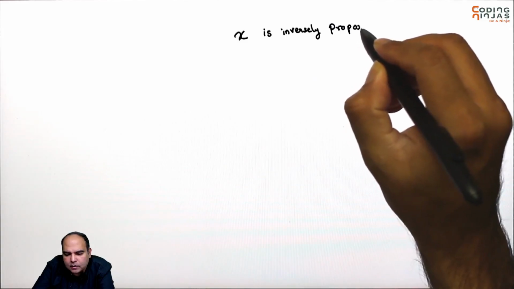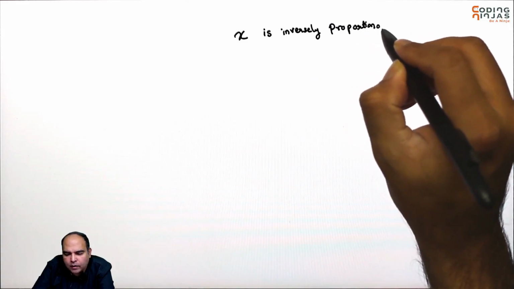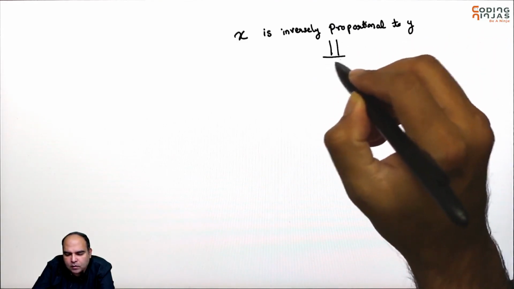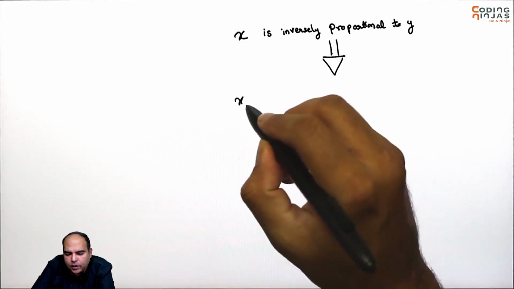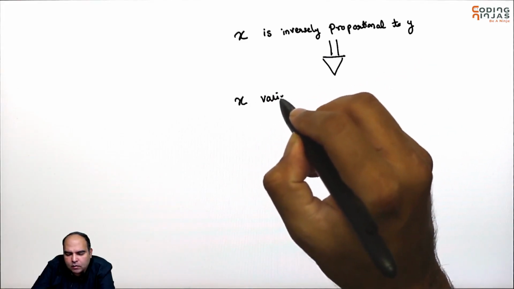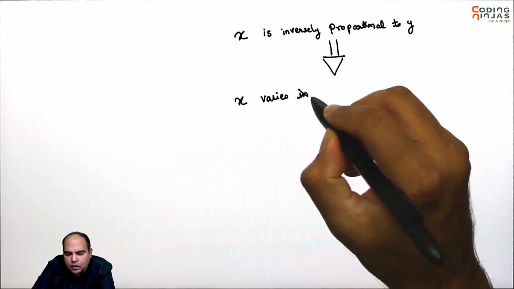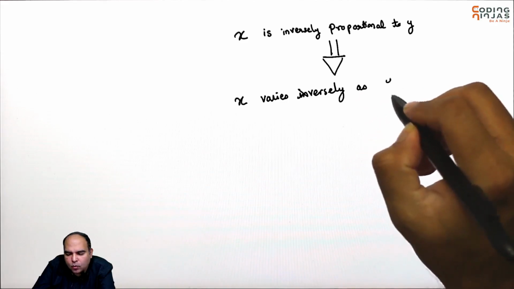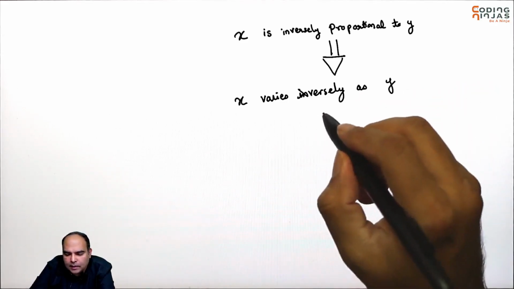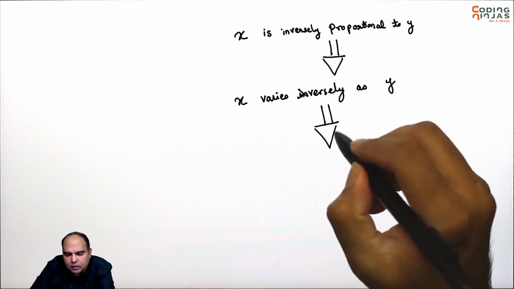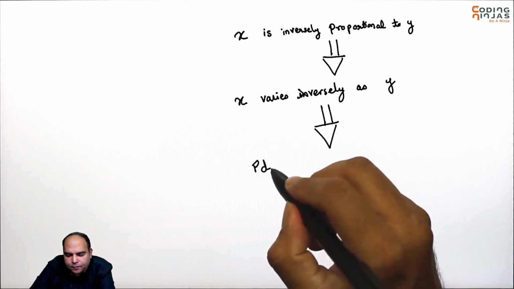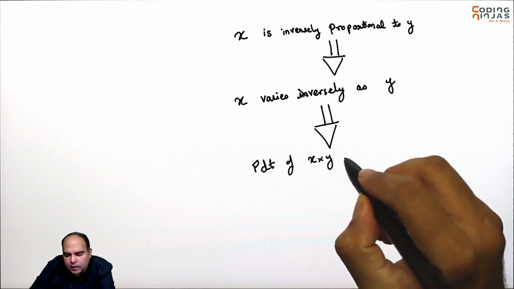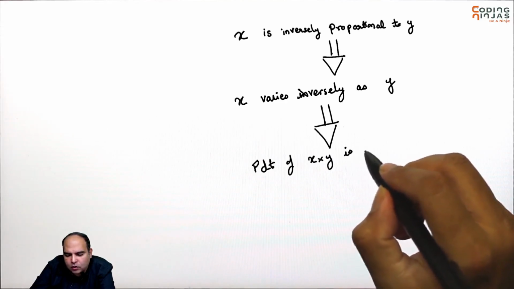X is inversely proportional to y, which also means x varies inversely as y, and this can also be written as the product of x into y is constant.